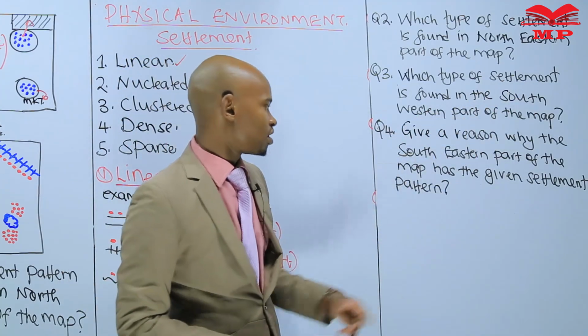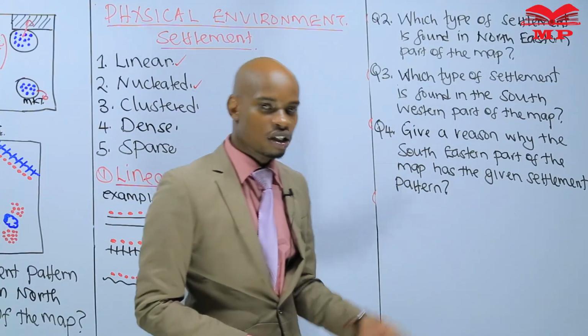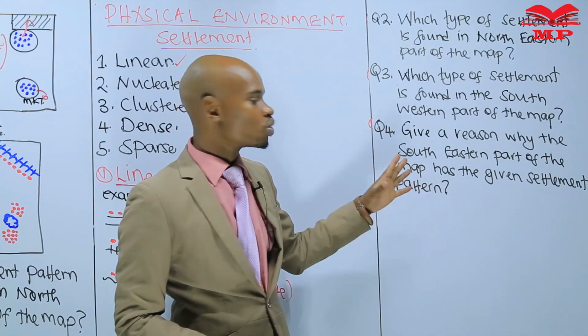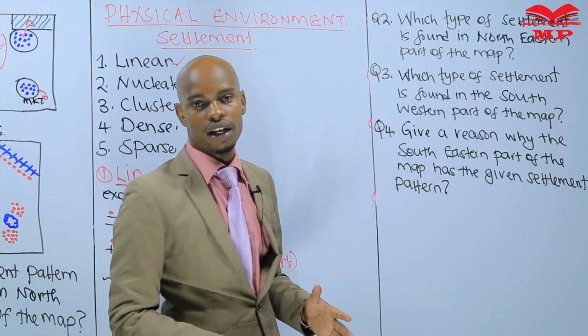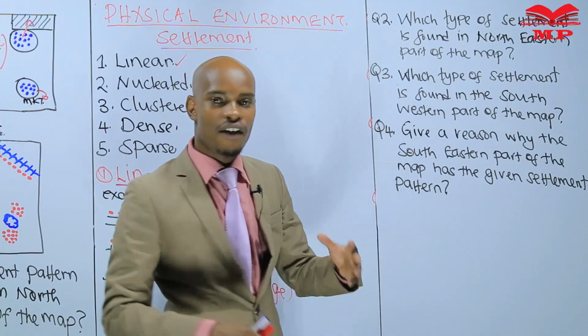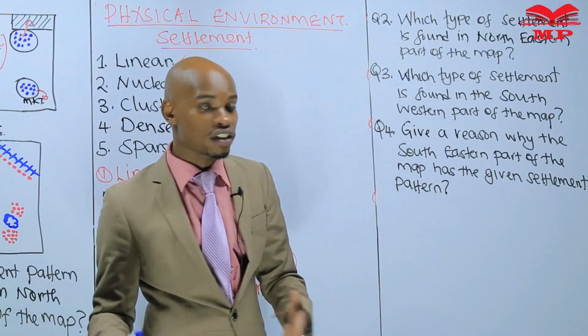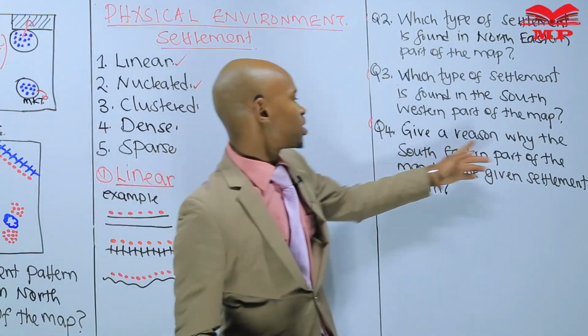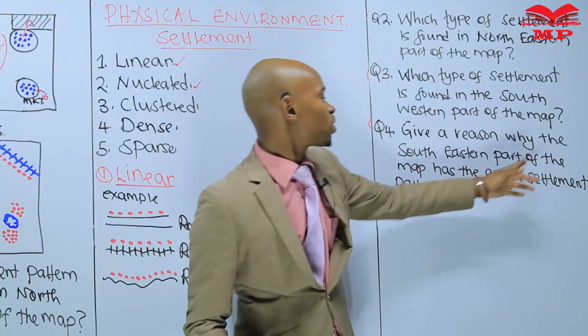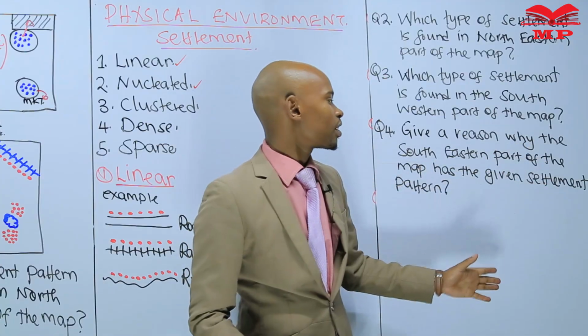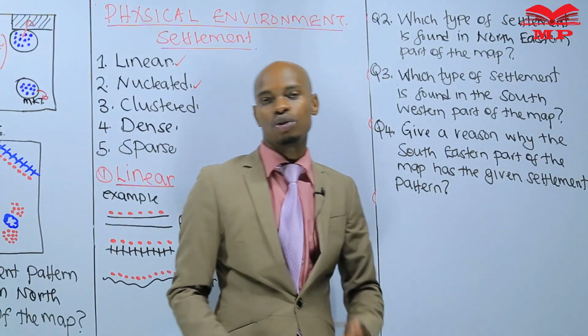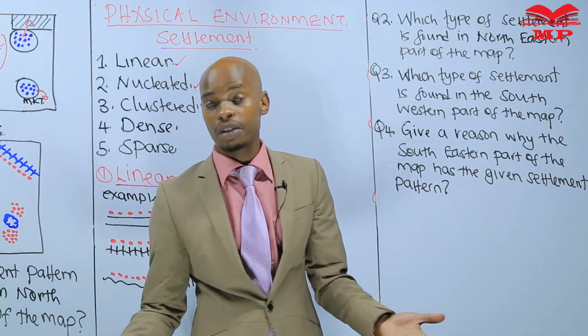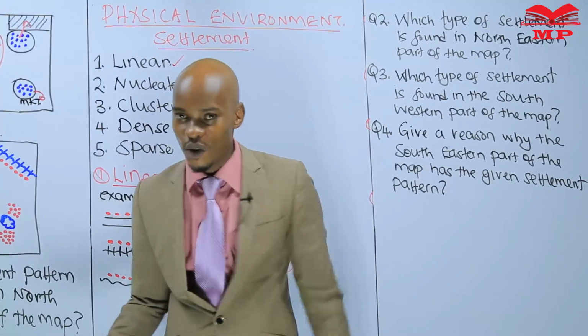And finally, give a reason. This one is not about identifying. This one is giving a reason why those people have assumed the type of settlement they have assumed. So give a reason why the southeastern part of the map has the given settlement pattern. You'll go and check which settlement pattern they have and give a reason why.